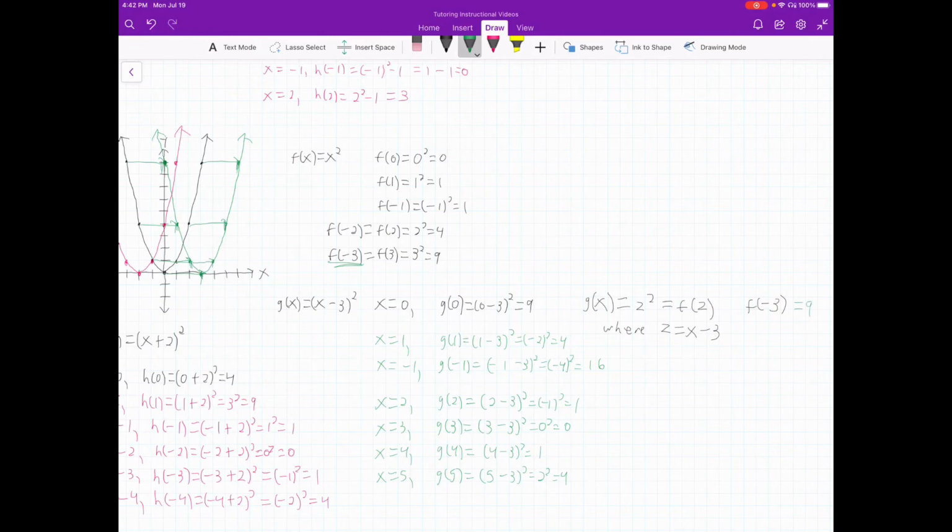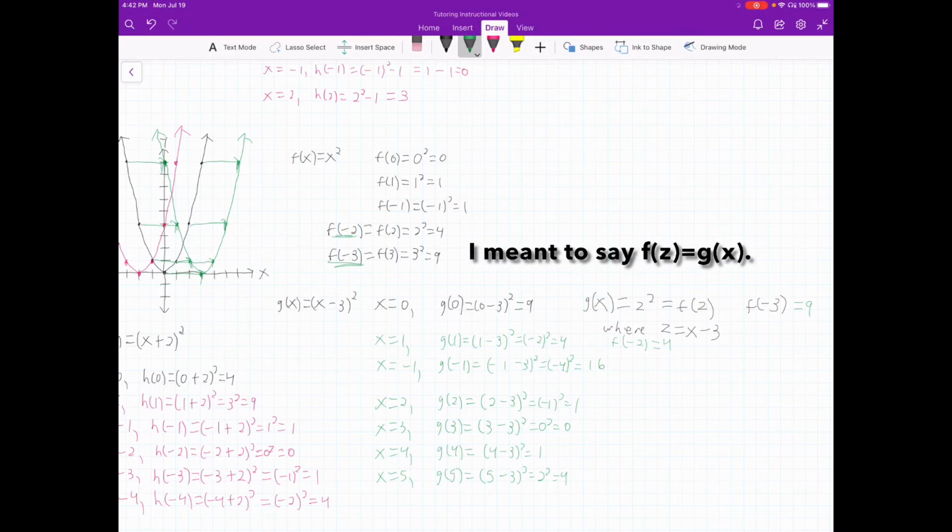Similarly, when x is 1, so we're taking g of 1, z is -2, and f of -2, again based off here, is 4. So another way of thinking of applying g is just taking f of z instead of f of x.